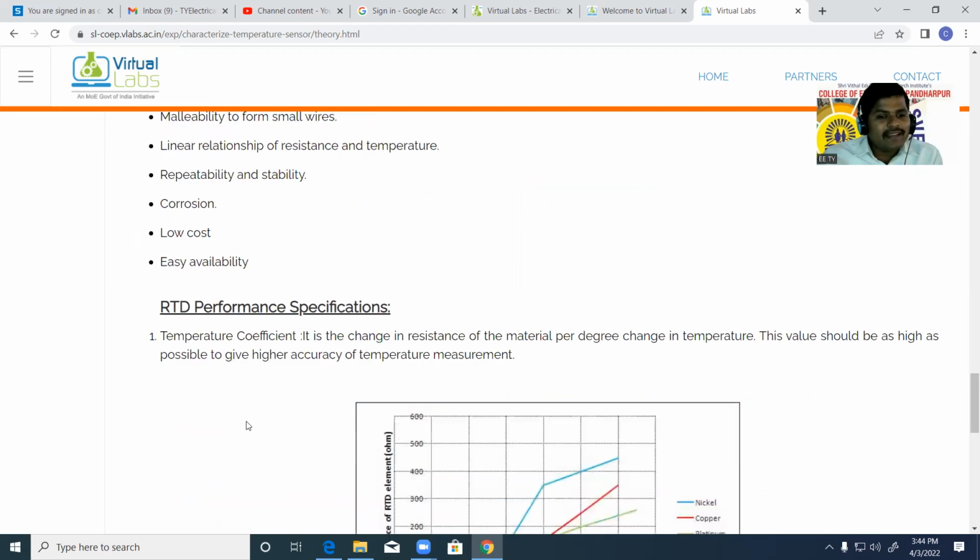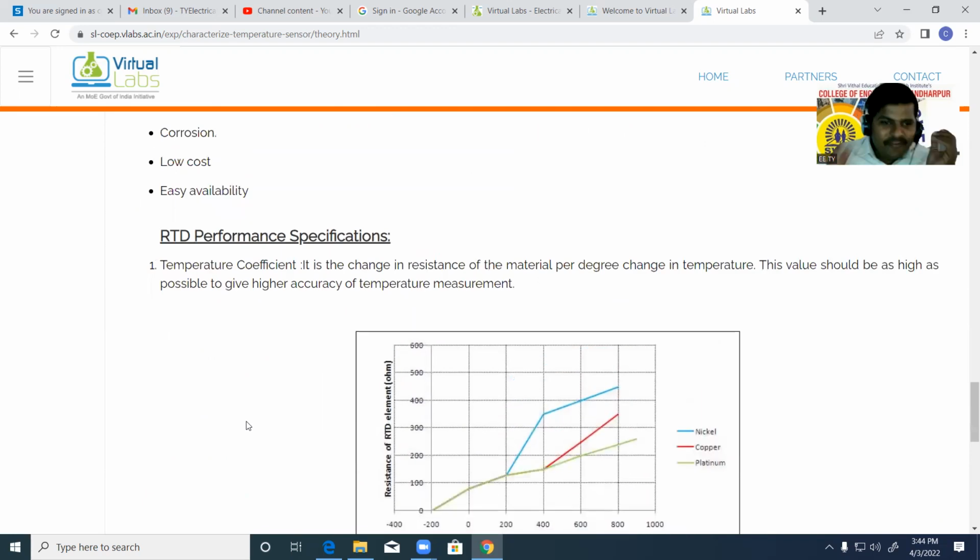RTD performance specification. First, the temperature coefficient. The temperature coefficient is the change in resistance of the material per degree change in temperature. If the temperature changes by 1 degree, how much does the resistance change? It is the ratio of the change in resistance per degree change in temperature.